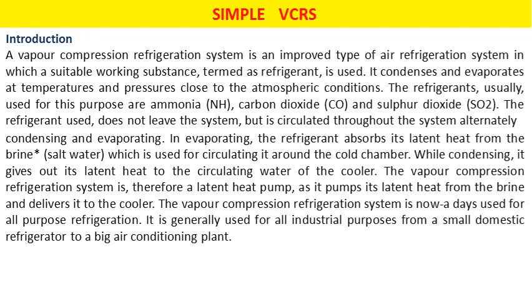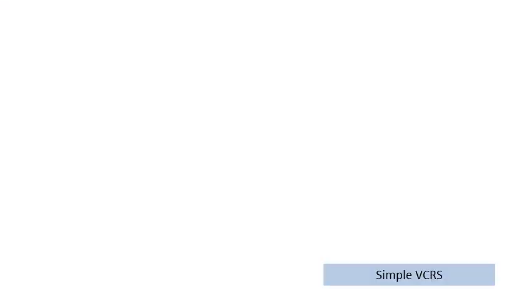While condensing, it gives its latent heat to the circulating water of the cooler. The vapor compression refrigeration system is therefore called a latent heat pump, as it pumps its latent heat from the brine solution and delivers it to the cooler. It is generally used for domestic as well as industrial purposes.